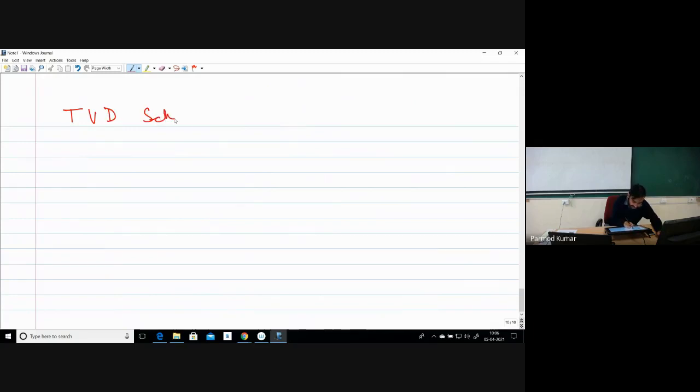So now let me start the basic concept of TVD schemes. So now I will be introducing the basic concept of TVD schemes. So basically the TVD schemes preserve one very, very basic mathematical nature of the discretization scheme, and that particular mathematical nature is actually called monotonic consistency.